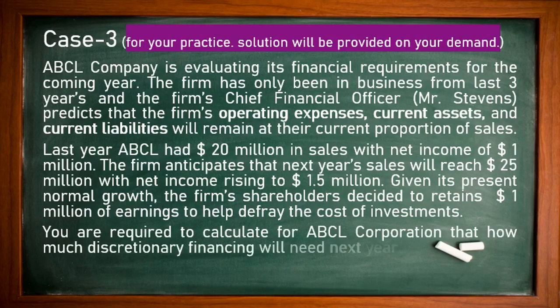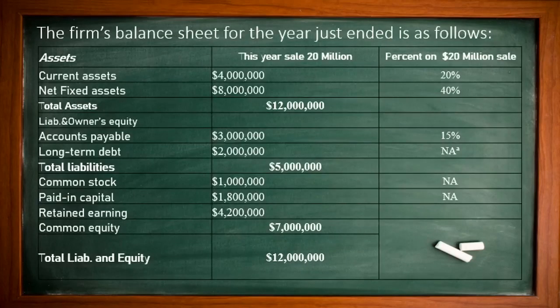You are required to calculate for ABCL Corporation how much discretionary financing will be needed next year, and I'll give you the information related to the balance sheet or projected balance sheet for this year. So let me explain the projected balance sheet for this year.